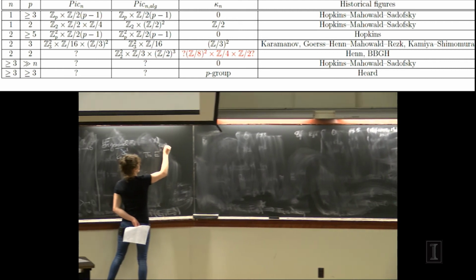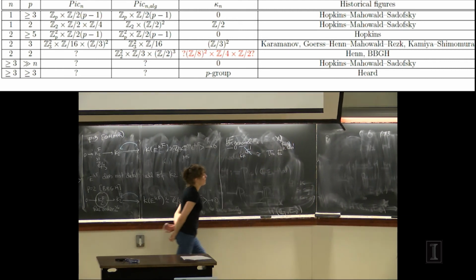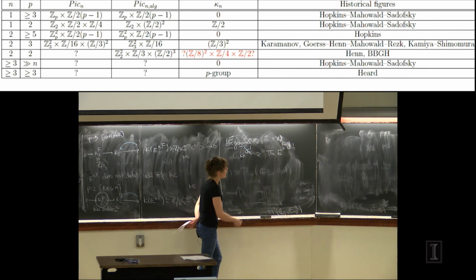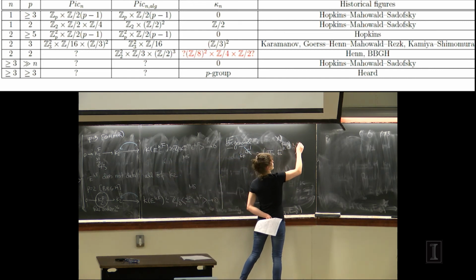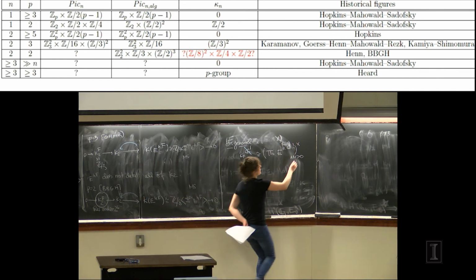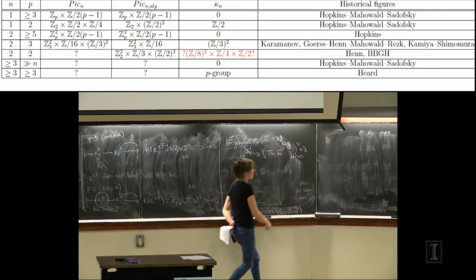So you take E_n^{hG_n^1}, so this is the same group. So the homotopy fixed points with respect to that group, you take pi0 of it, you look at the units, and then you take those whose Adams-Novikov filtration is bigger than 0.